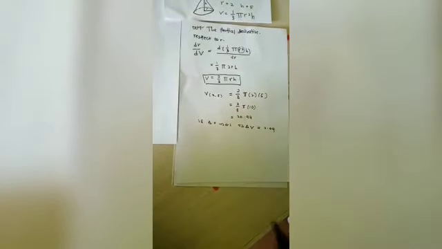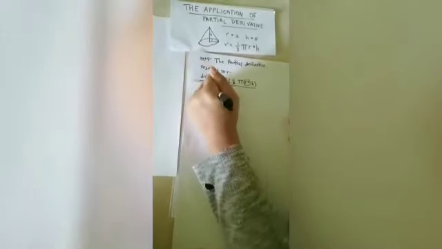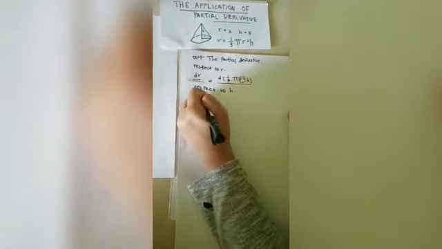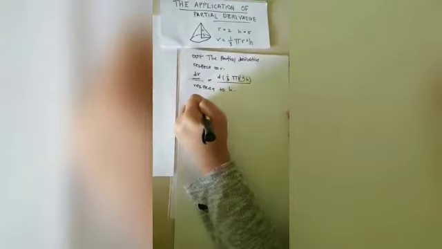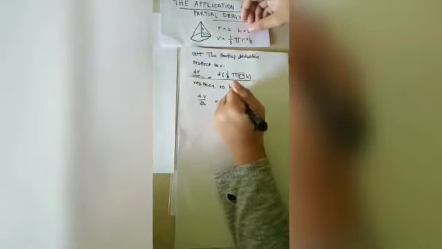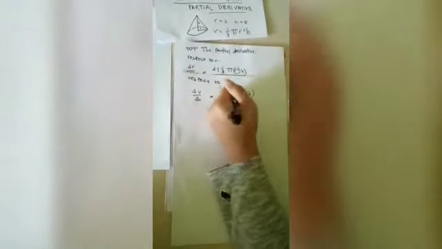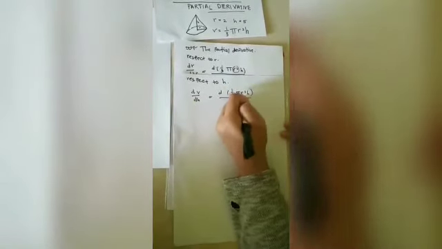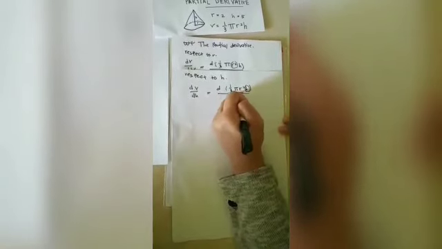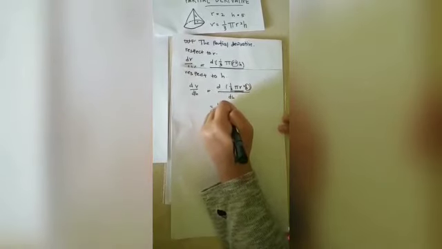Now we differentiate with respect to h. dV over dh equals the derivative of the volume formula over dh. We differentiate h and treat 1 over 3 pi r squared as constant, and the answer is 1 over 3 pi r squared.